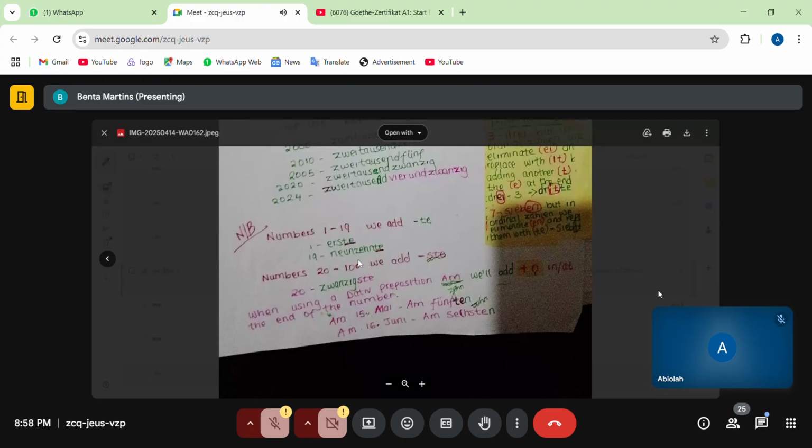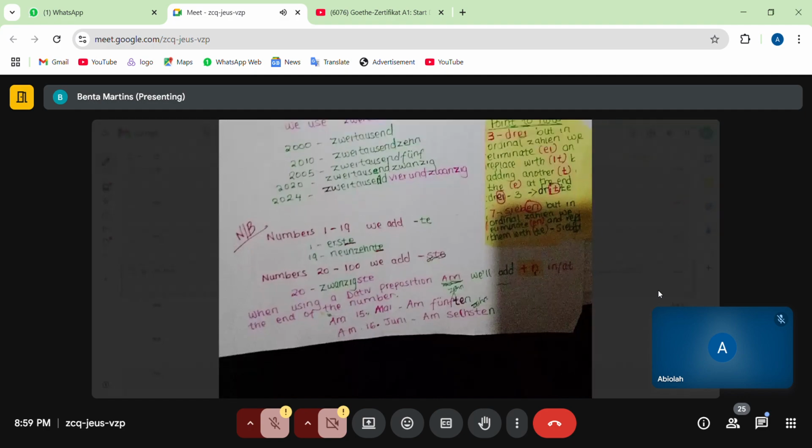Same as zwei, which becomes zweite. There are a few numbers which do change. We'll get to see them in a few.